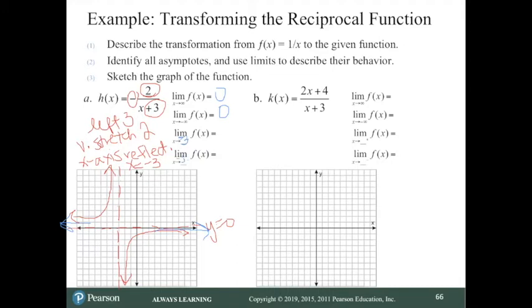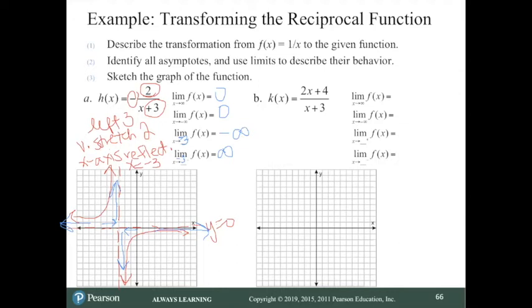As x approaches -3 from the positive direction first, so from the positive direction, that's this way, what's happening to my y values? My y values are decreasing to -infinity. As x approaches -3 from the negative direction, my y values are increasing to infinity.